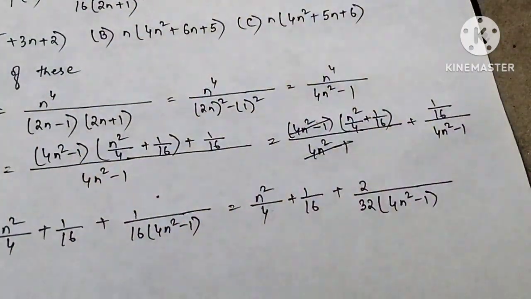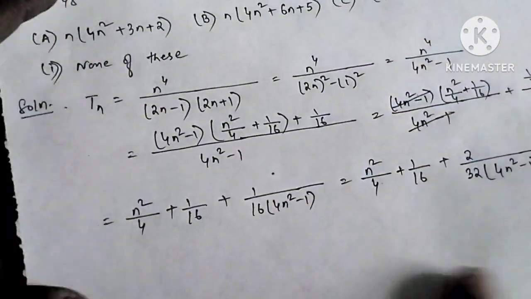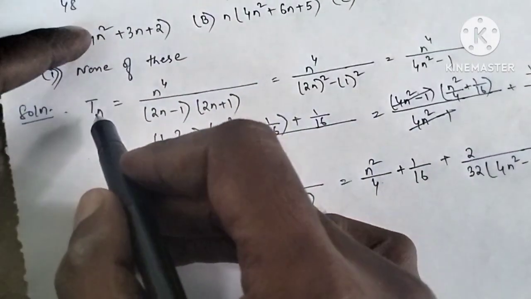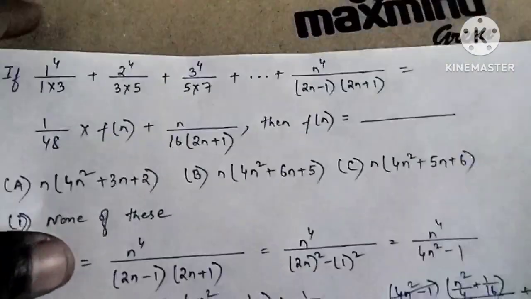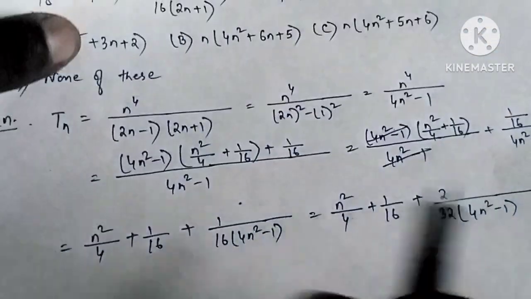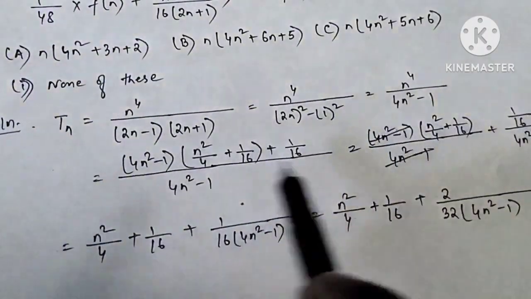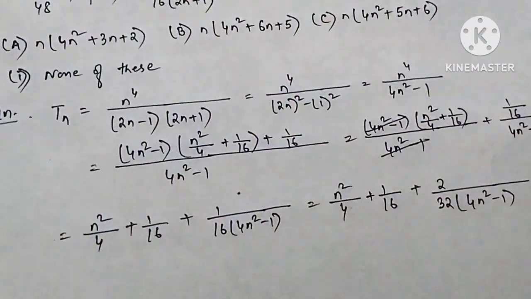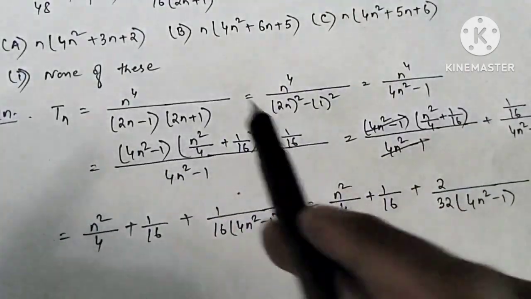Now this is the nth term of the series. The nth term of the series has been given to us, n to the power 4 by 2n minus 1 by 2n plus 1. So now we are simplifying the given expression.